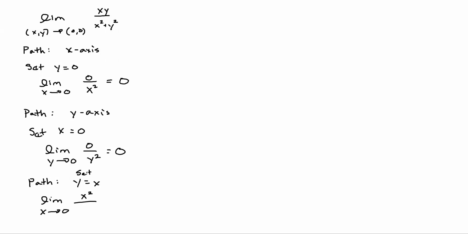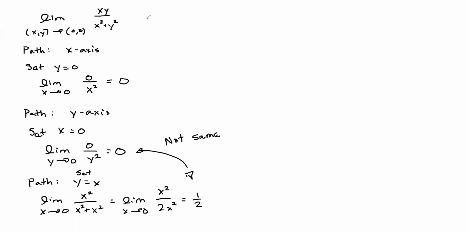And in the denominator we're still going to have x squared, and since we've replaced y with x, we're going to have another x squared there. And so we've gotten the limit as x goes to 0 of x squared over 2x squared, which equals 1/2. And look at that. Now we've got two different values, not the same. And so the limit does not exist.